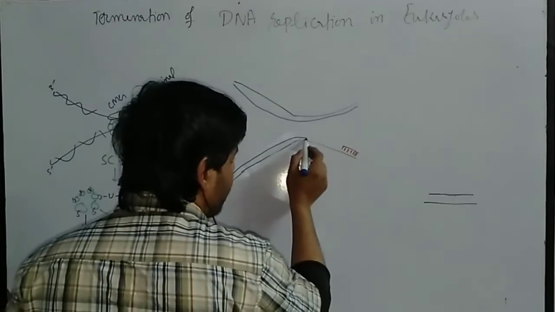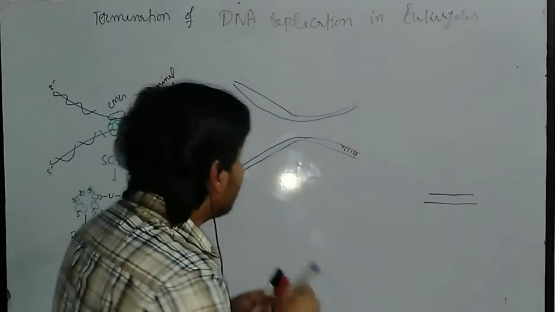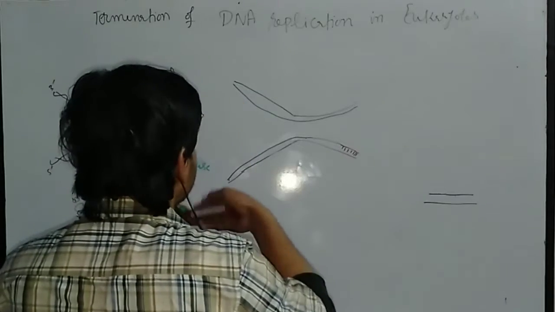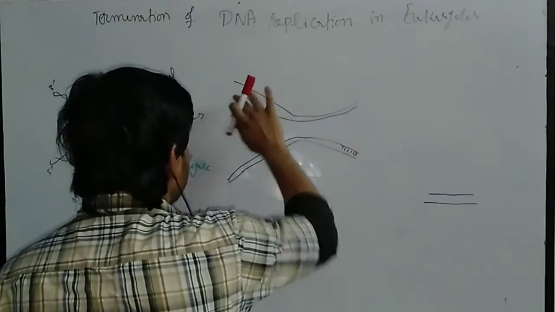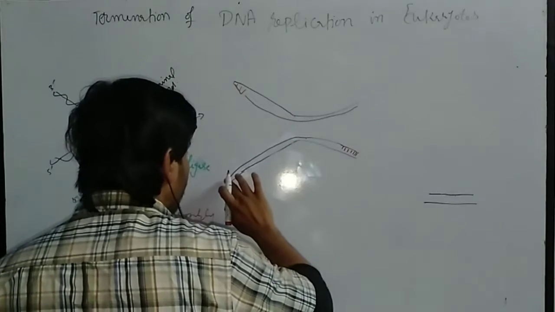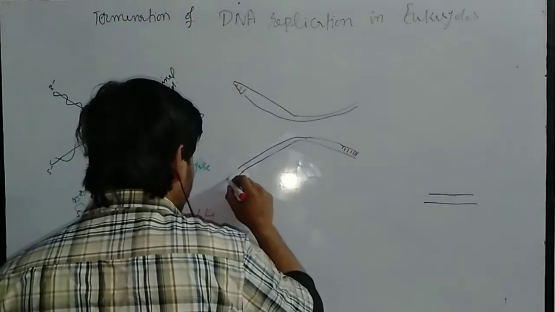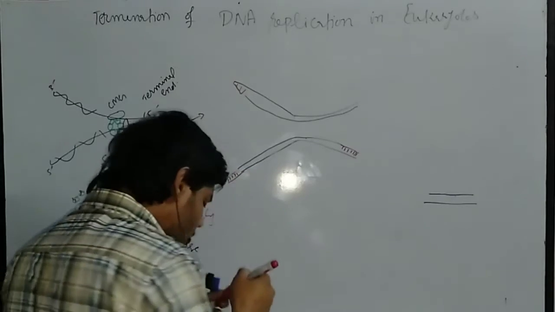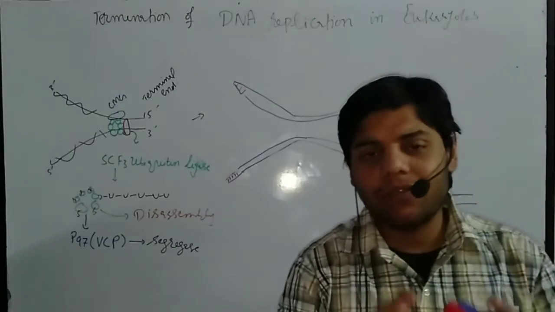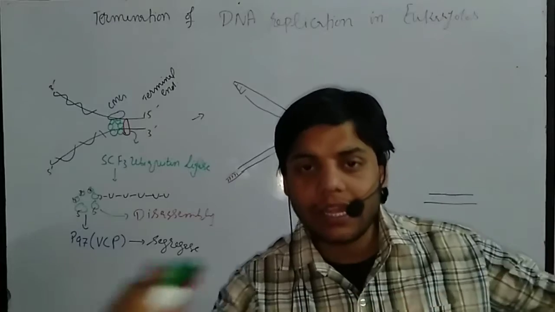They can fill up the gap. Now the gap is filled up. At some specific position, as you can see, there is also a primer, and here we have also a primer. So remember, in the lagging strand, we have primers at the terminal end of the linear DNA molecule.